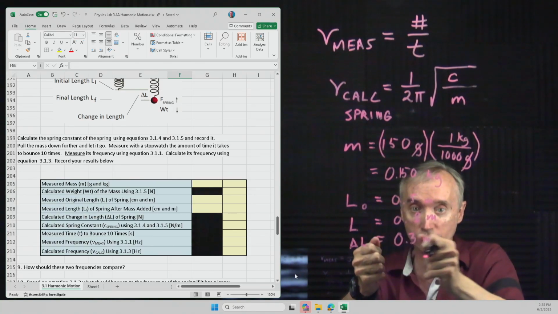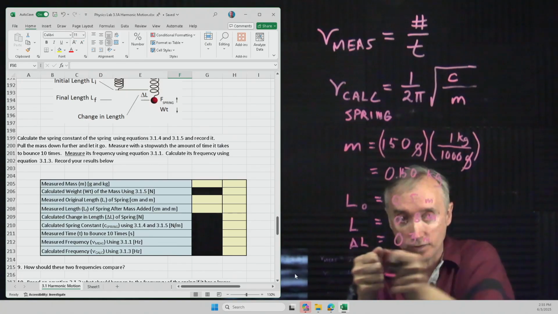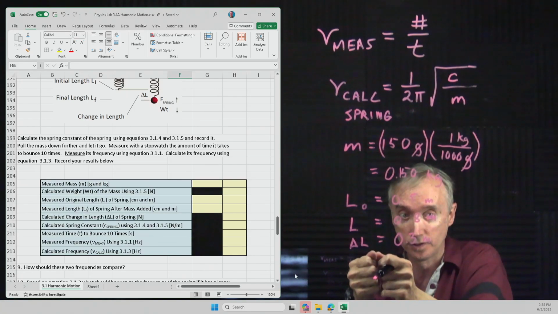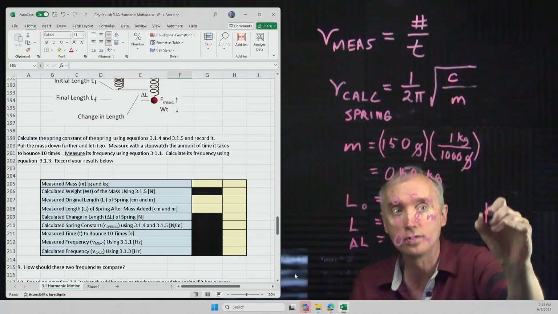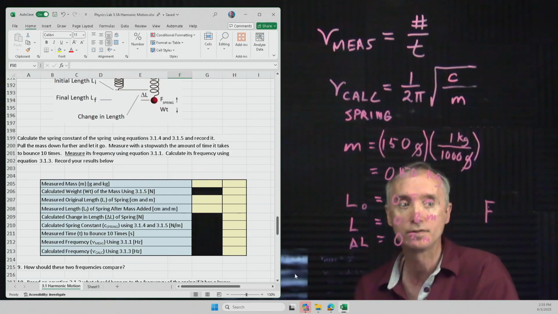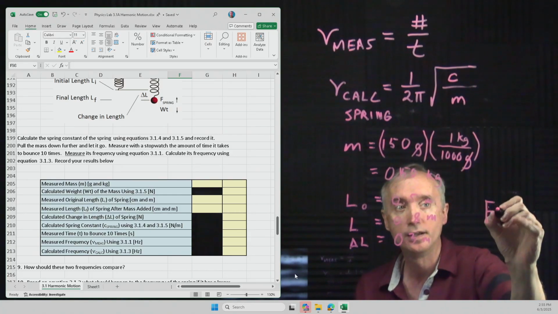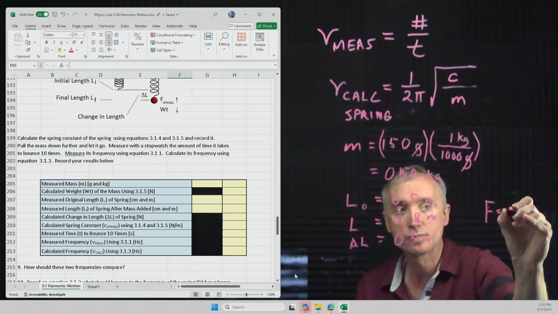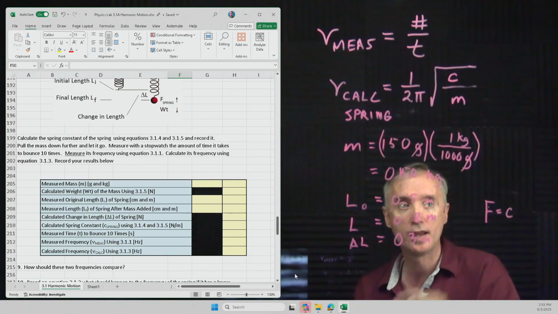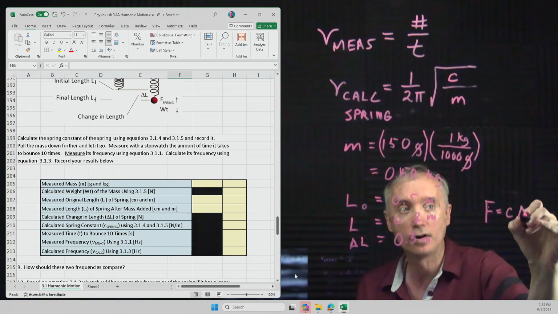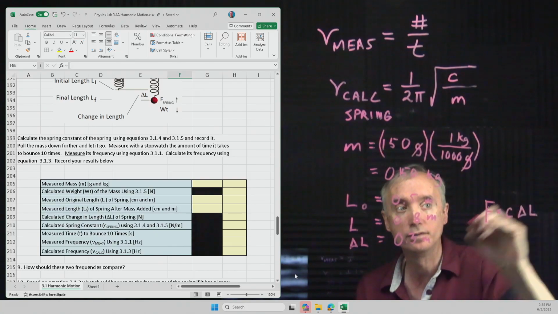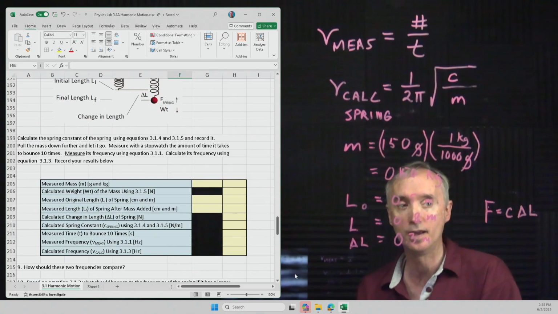If you pull a spring out, the spring tries to pull you back in. So there is a force F, and that force on a spring is equal to the spring constant, C, times how far the spring stretches, delta L.